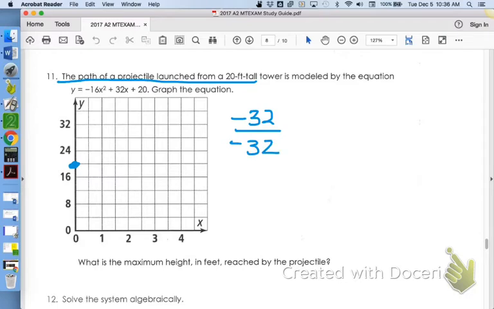That's negative b over 2a, folks. So that's 1. I'm going to run the 1 through this equation. I'm going to get negative 16 plus 32, which is 16. And 16 plus 20 is 36. So that's the vertex. 1, 36.